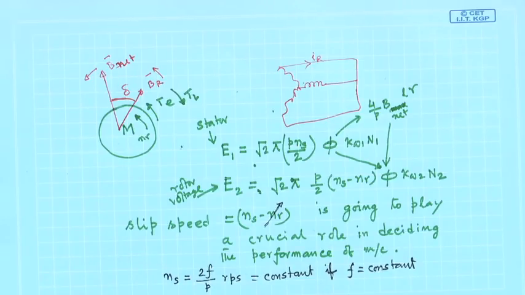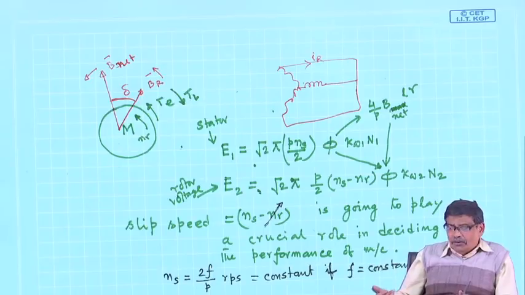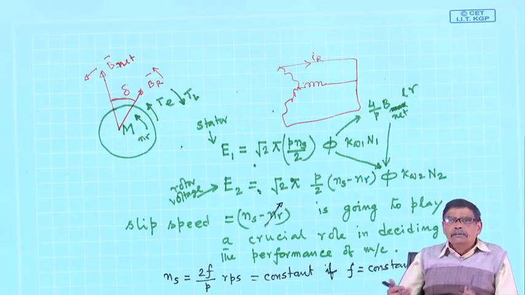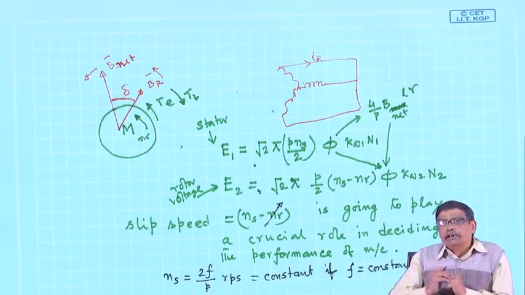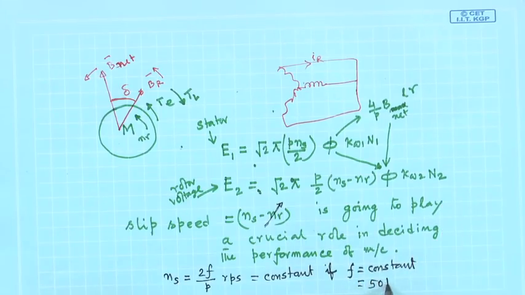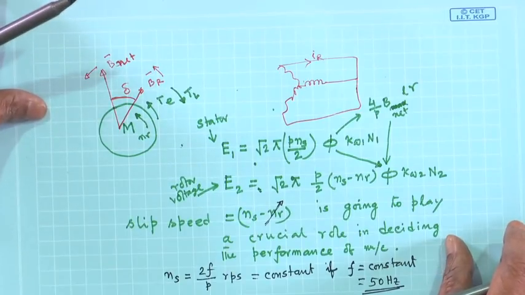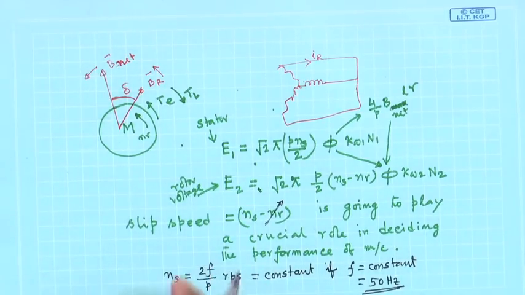I could not do anything. Supply frequency is 50 Hz, that is all. But in the present day context, f may also vary, but let us assume still our grid voltage is 50 Hz. So, I will run the machine from a constant frequency supply of 50 Hz, then this is constant, I can assume.